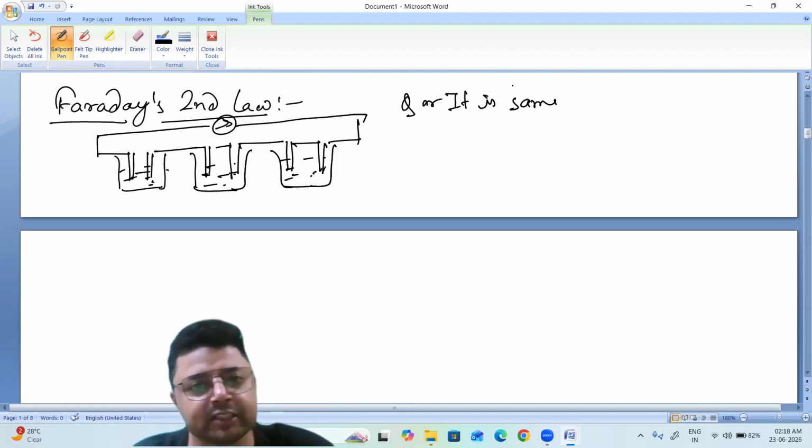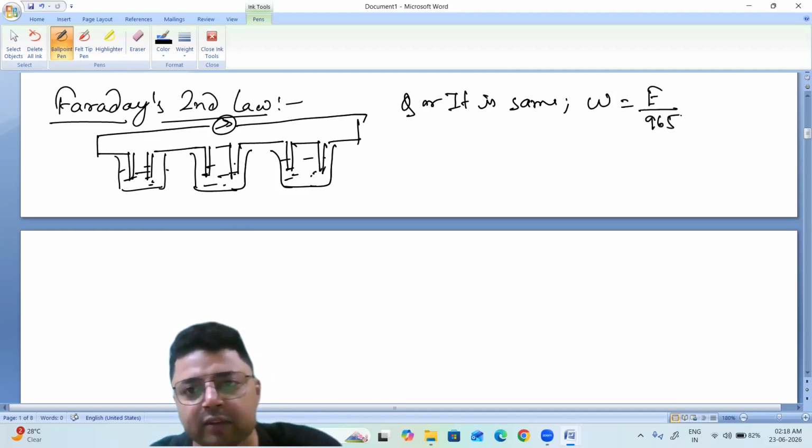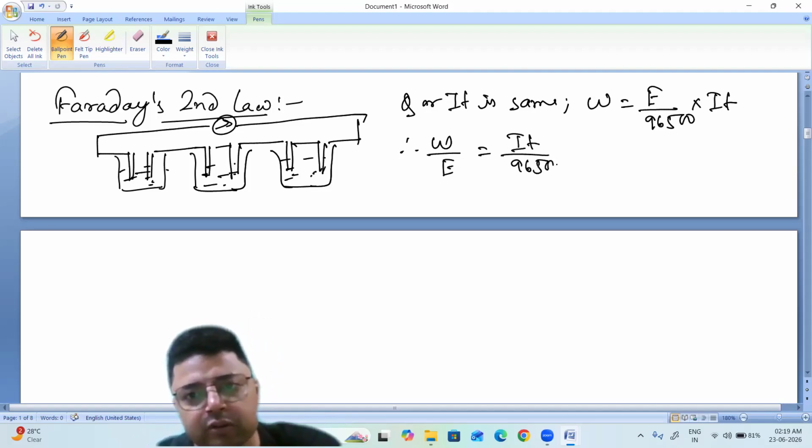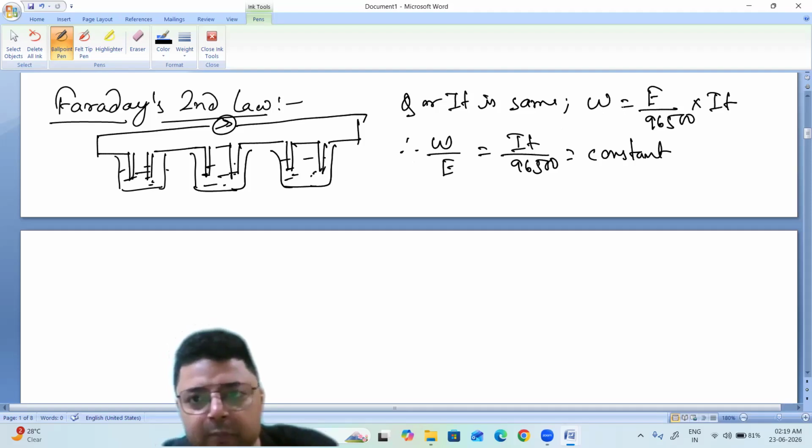So if this is constant, what you are left with is the weight deposited equals equivalent weight by 96500. So if IT is also constant, W and E are the only variables, and this whole term IT by 96500 is becoming constant.